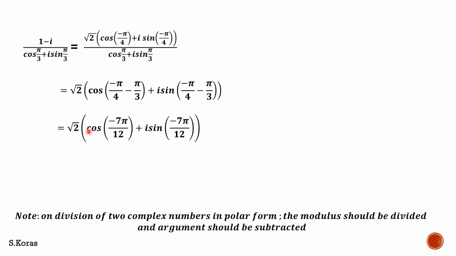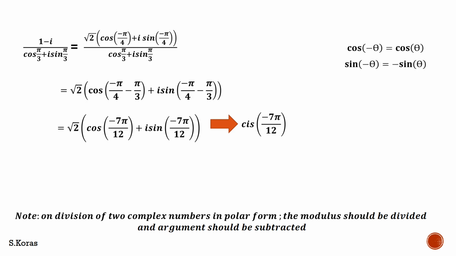So we can write this as cis, this angle. That is cis minus 7 pi by 12. That is, if we expand it, cos of minus 7 pi by 12 plus I into sine of minus 7 pi by 12. If you want to simplify in another way, you know the formula cos of minus theta is cos theta and sine of minus theta is minus sine theta. So we can write like this.